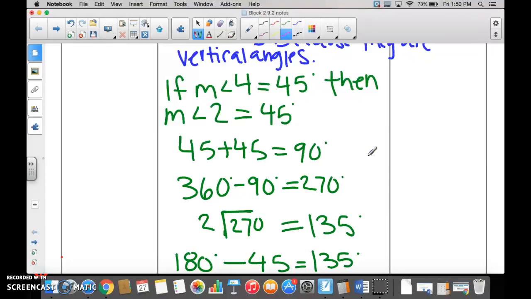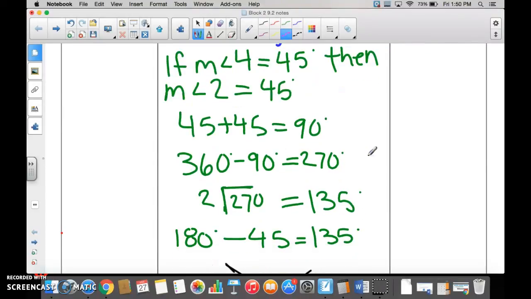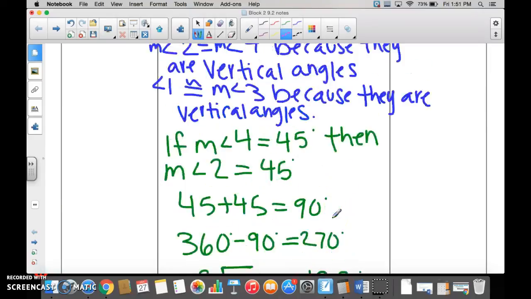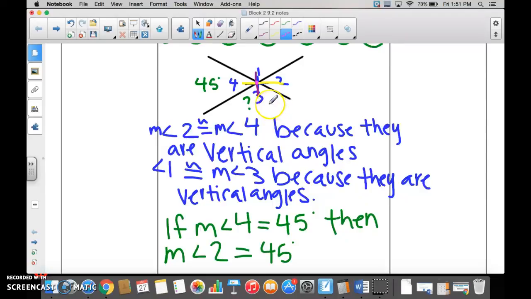Dividing that into 2 because we know that there are two angles left, and they're going to be congruent because they're vertical angles, which left us with 135 degrees for every angle. Or we could have just done 180 minus 45, and that would give us 135 as well, making angle 3 135 degrees, which would also make angle 1 135 degrees as well because they're vertical angles.